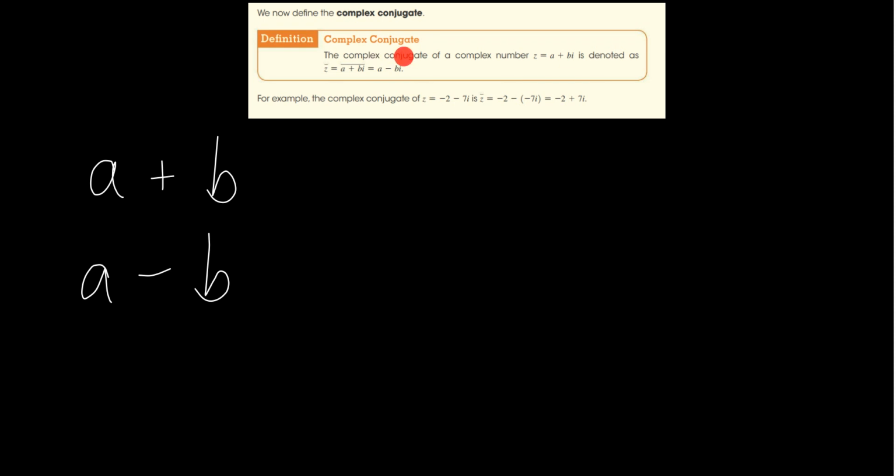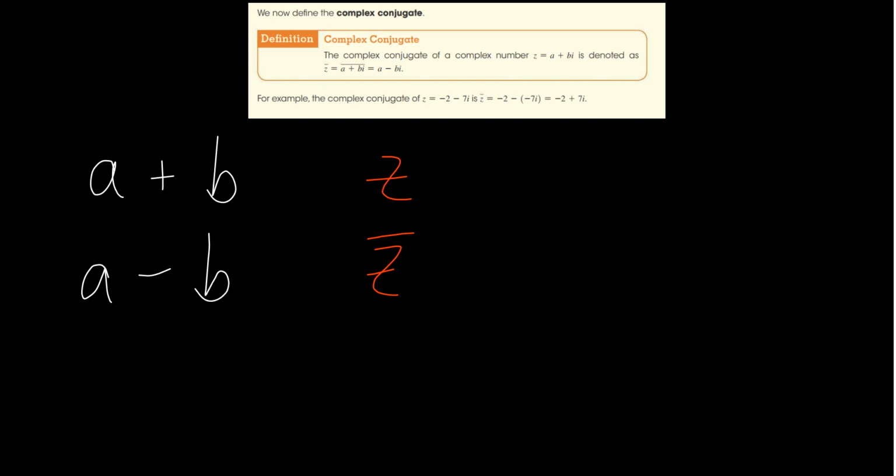The complex conjugate of a complex number z, as we mentioned before, z equals a plus bi, is denoted as z bar, with a bar over the z. If the complex number is denoted with z, its complex conjugate is denoted by z bar. Or you can say a plus bi with the bar over that, which is simply a minus bi.